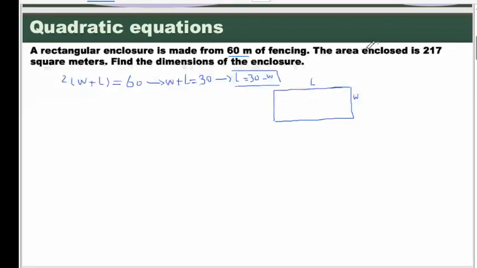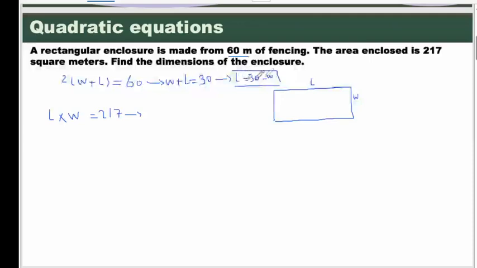The next step says the area enclosed is 217 square meters. So area here is L times W, and it's 217.